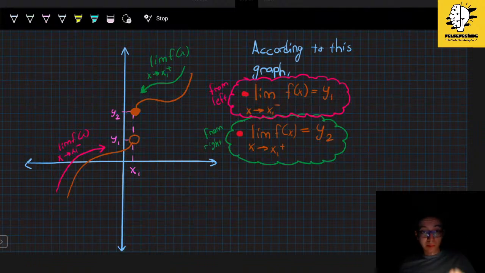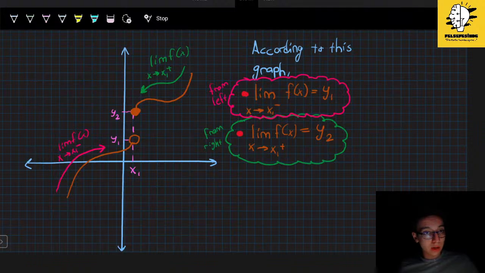Plus means that we are approaching from the positive side, from the right side. I came down the orange line and try to approach x1, and I see that the limit is y2, not y1. So I hope this part is clear.